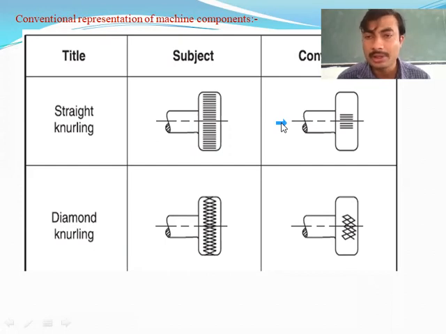The next one is diamond knurling, as the name itself indicates. I'm going to denote that by this symbol. Whatever symbol you see now is our diamond knurling. There is a slight difference between diamond knurling and straight knurling.